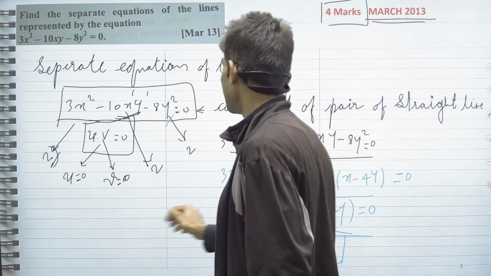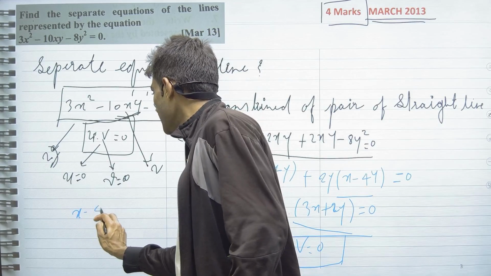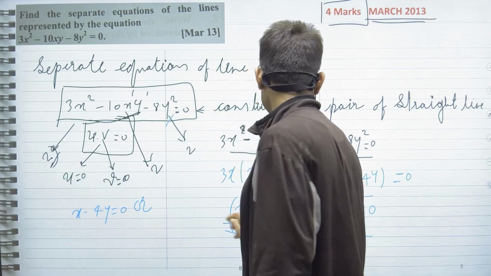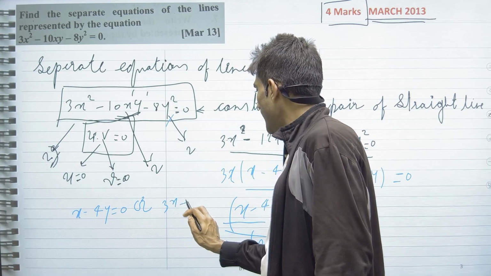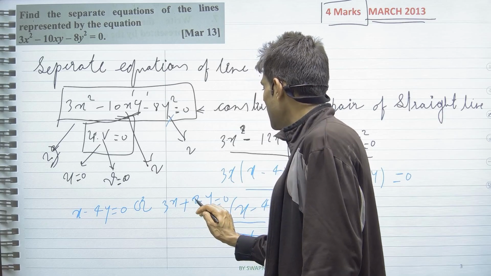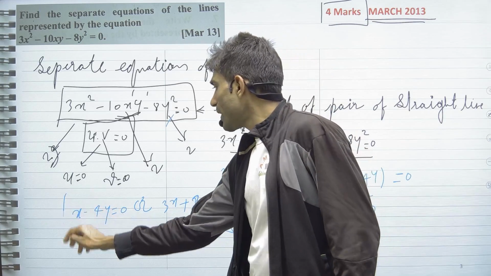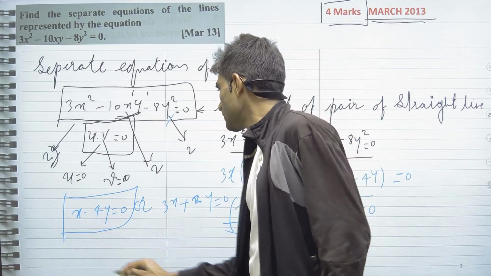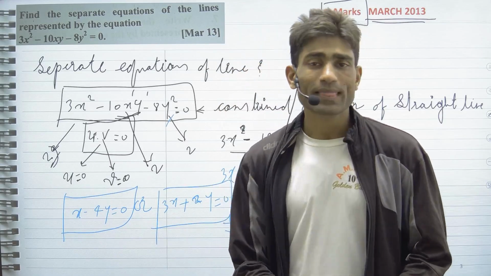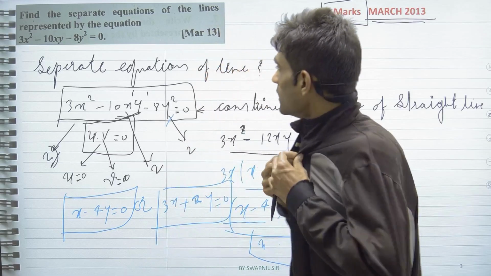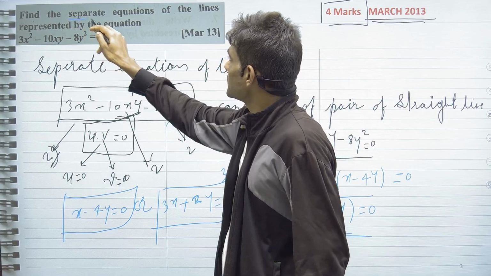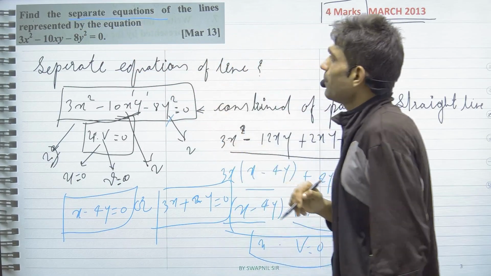That means x minus 4y equals 0, or 3x plus 2y equals 0. Now we got the required answer: x minus 4y equals 0, and 3x plus 2y equals 0. That is the only step we want in our example. So that is the required separate equations of our pair of lines.